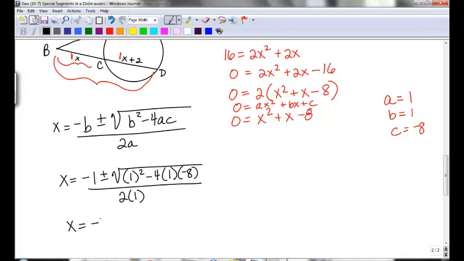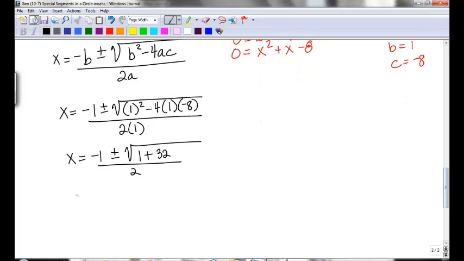So it'll be negative 1 plus or minus the square root of 1 and then negative 4 times a negative 8, positive 32, and it's all over 2. X equals negative 1 plus or minus the square root of 33, and it's all over 2.